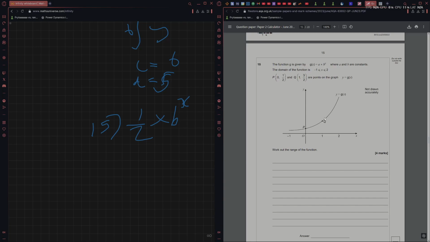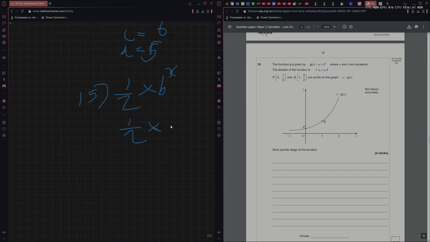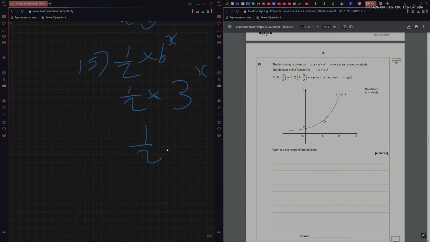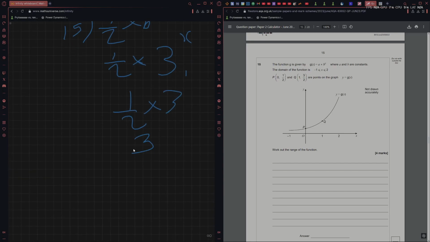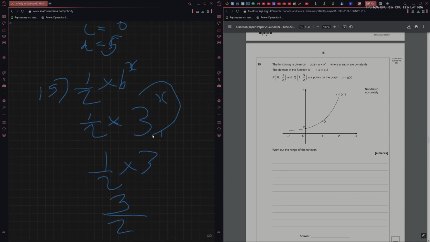So when x is 1, it's 3 halves. So it's 1/2 times 3 to the x, because if you substitute 1, you get 3 halves. So we know this is the equation.